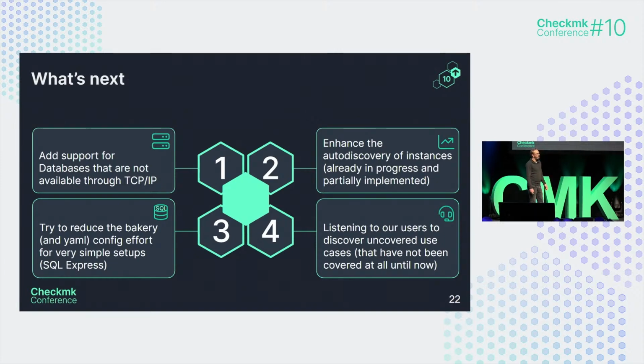Second, our auto discovery will be further improved, and the agent plugin configuration, which is the third point, too. And finally, we are now collecting your feedback and prioritizing it to make this the best plugin for relational databases. So now it is your turn to give us feedback and to tell us what you need in the future.